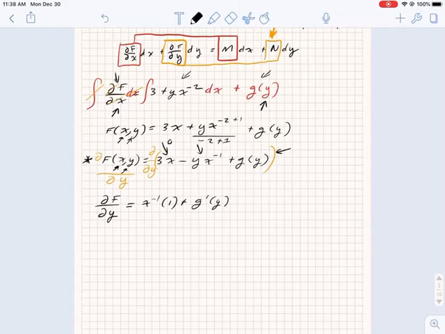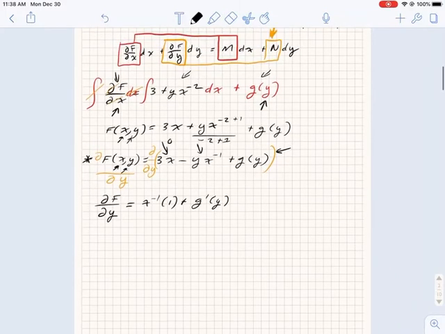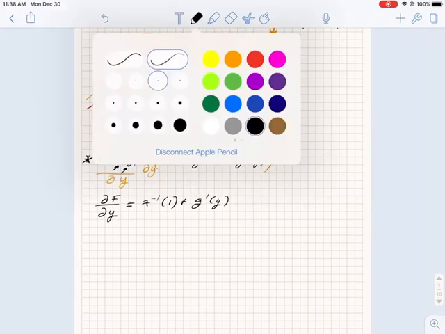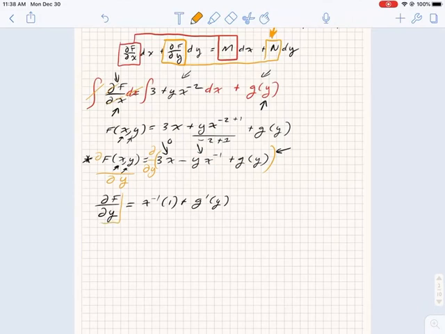And a derivative of a function is just denoted like that because it's some general function. So now that we obtained the partial derivative of F, we could set that equal to n.